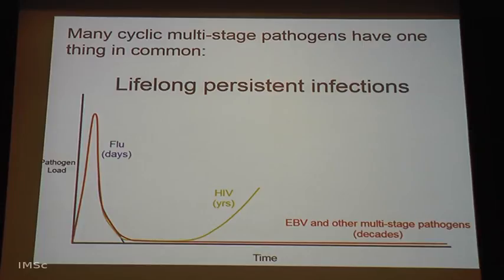And the question is, what are the mechanisms that allow for such a chronic infection? How can the pathogen actually trick the immune system or evade the immune system so that it's capable of establishing a chronic infection, which also leads to widespread in the population?